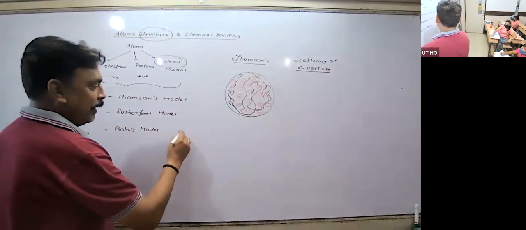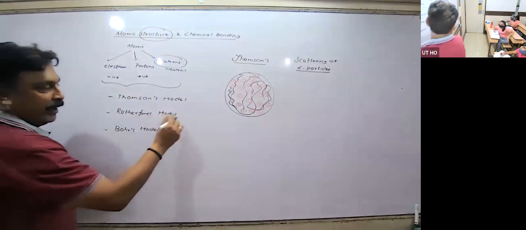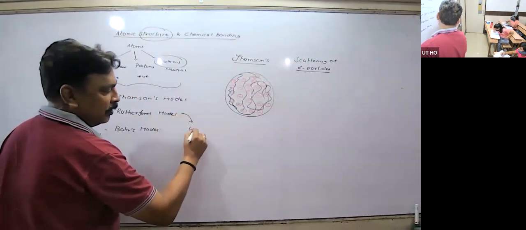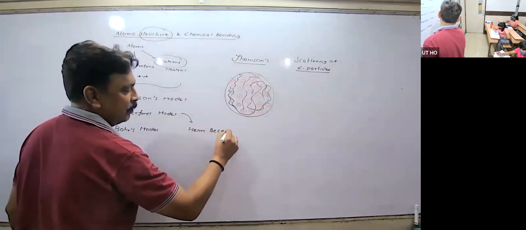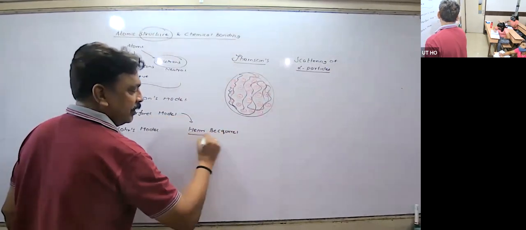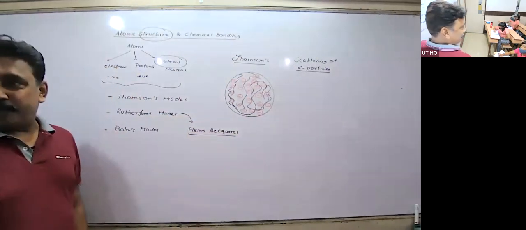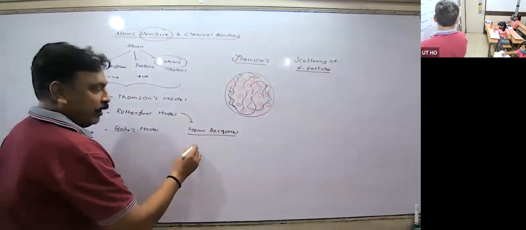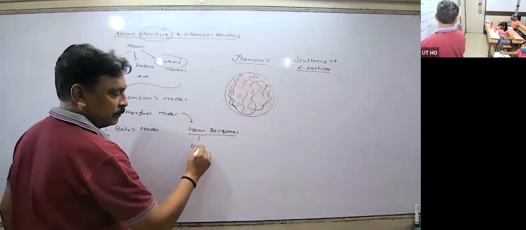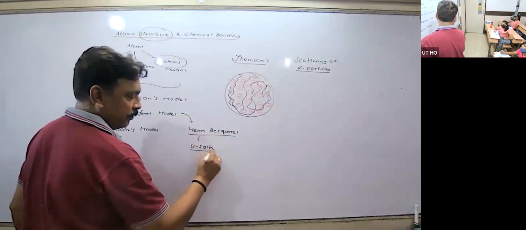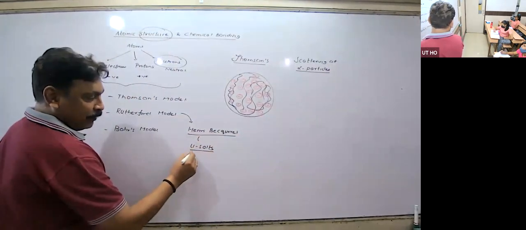Now, along with Rutherford, before that, there was one scientist called Henry Becquerel. Have you heard the name Henry Becquerel? He is called the father of radioactivity. He was doing some research on uranium salts. Listen carefully.